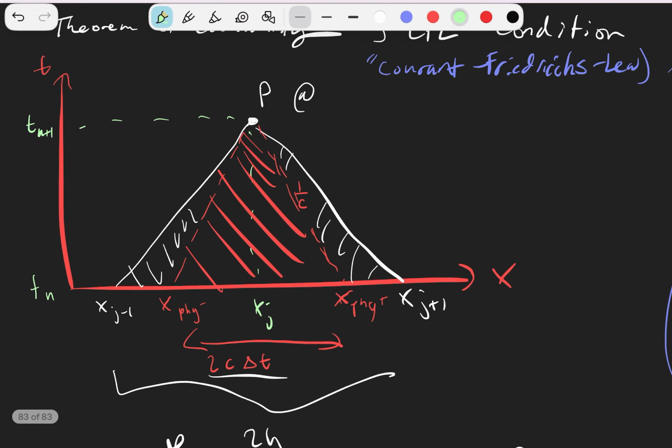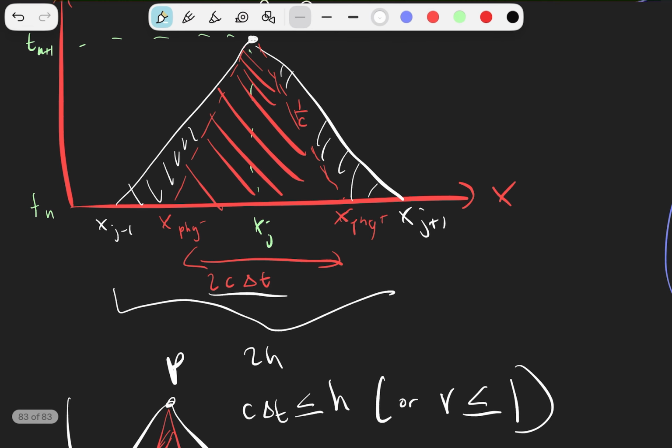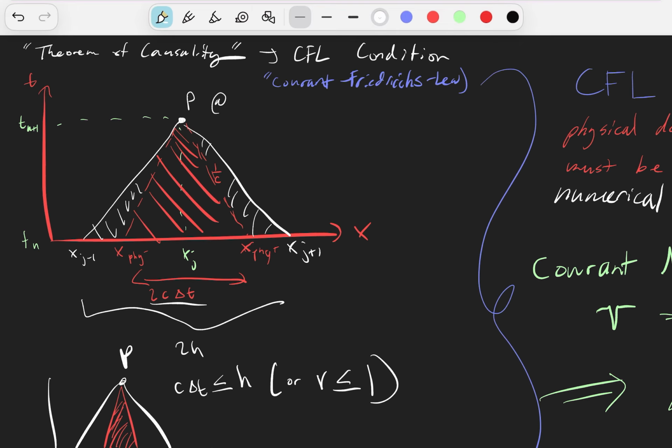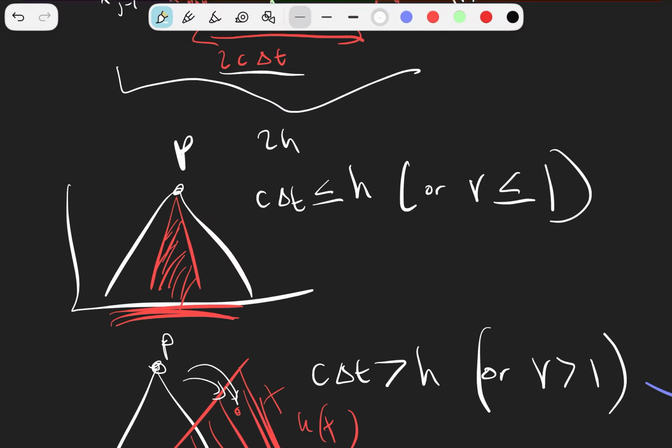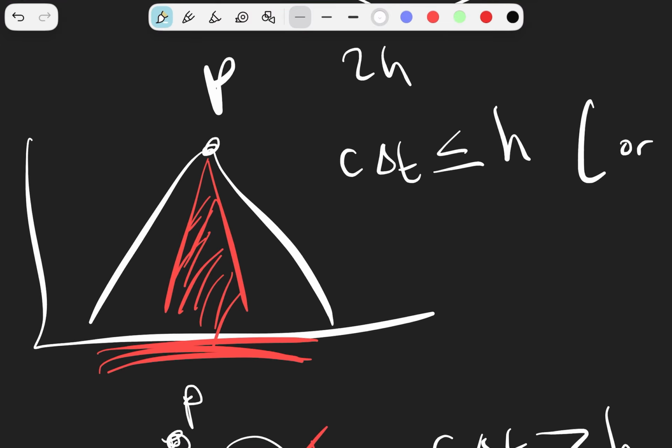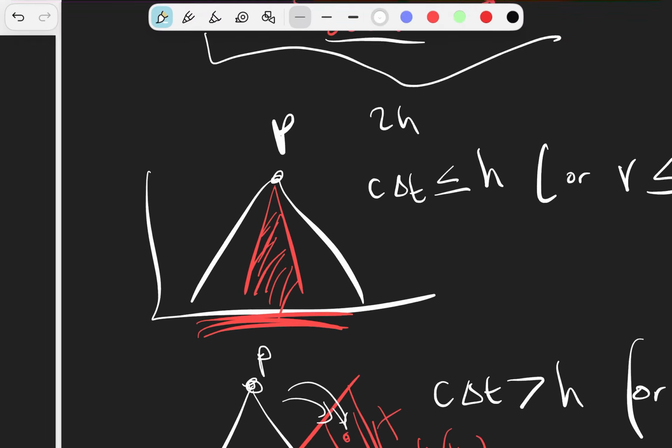In white, we have this numerical domain, and this is your machine's horizon. It includes everything the computer knows about the past. And then in red, we have the physical domain, and this is everything that actually influences the future. In this stable case, one can see that the red triangle fits inside of the white one, or in other words, the red triangle is a subset of the white one. So the machine knows more than it needs to, and the physical data is surrounded.